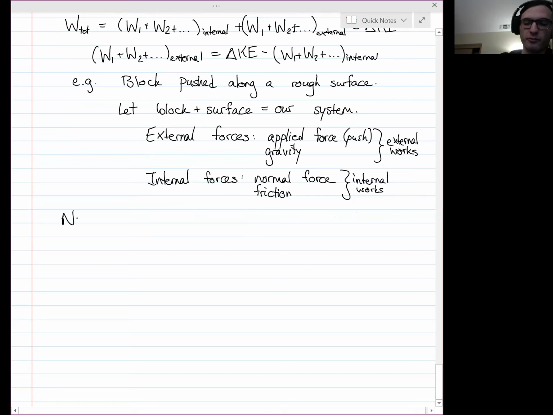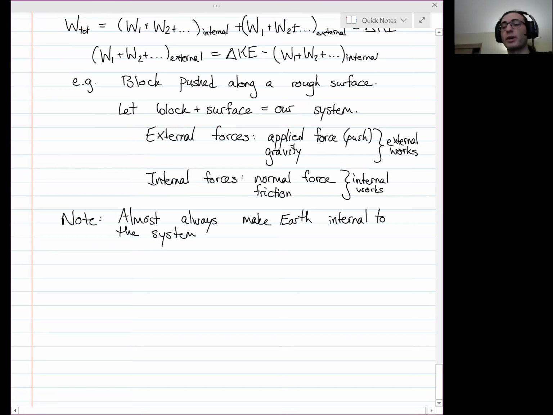Just a quick note, in the future, we almost always make Earth internal to the system. The reason for this is so that we can have gravity be on the right-hand side of our equation, so that gravity is an internal work. We don't have to do this.